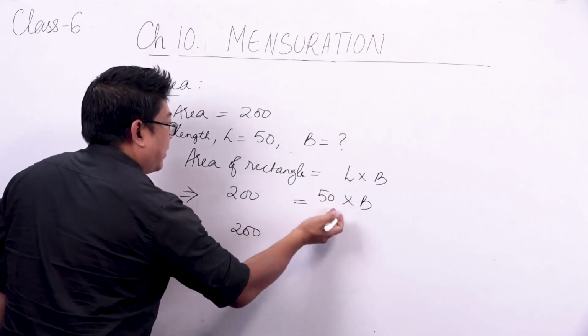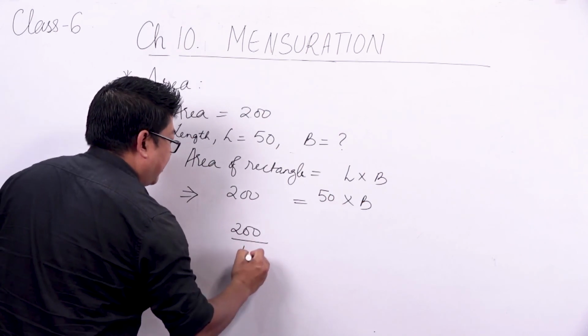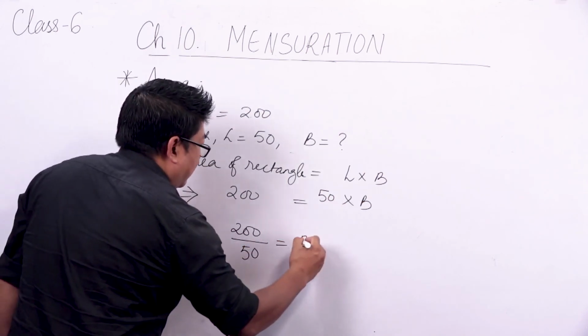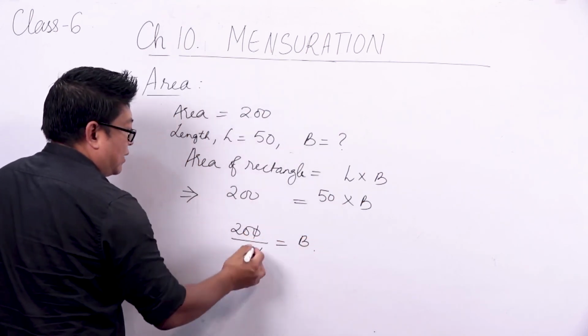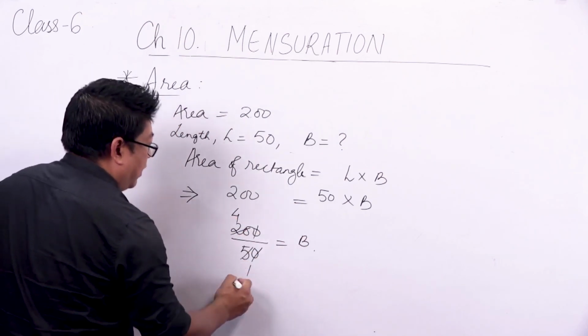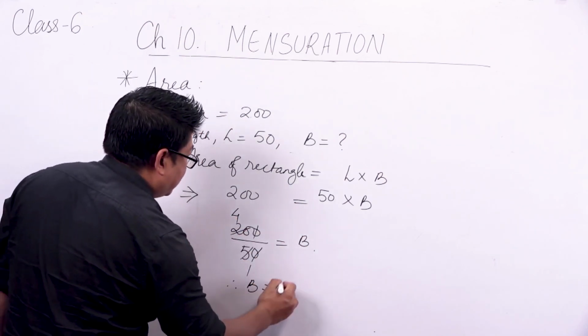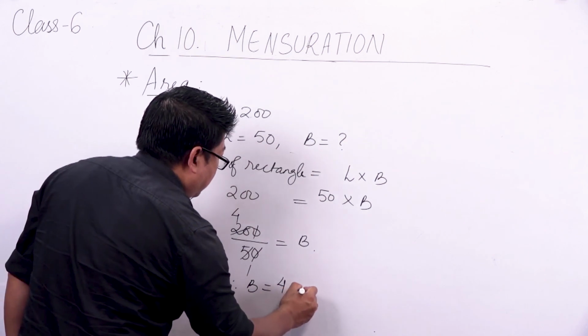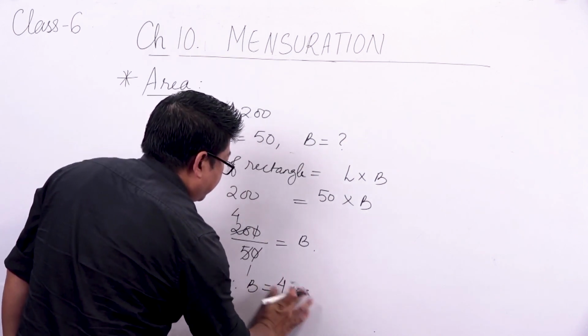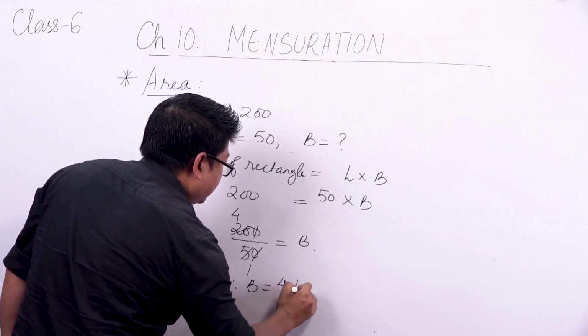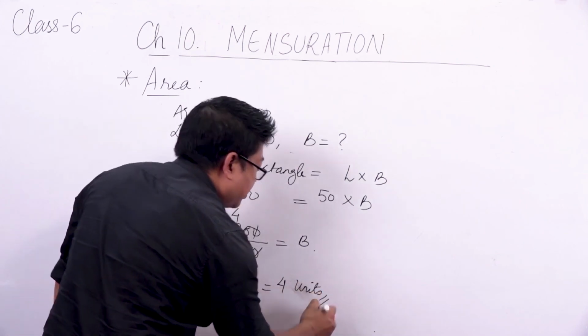Since this is multiply, when it comes to this side, it will become divide. So B equals 200 by 50. 0, 0 cancel, 5 into 1, 5 into 4. Therefore, your breadth is 4 units.